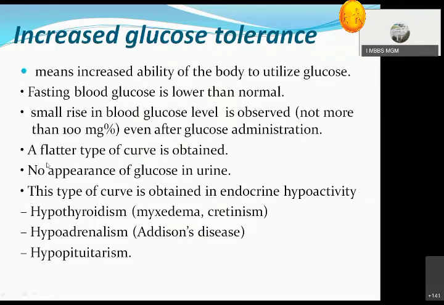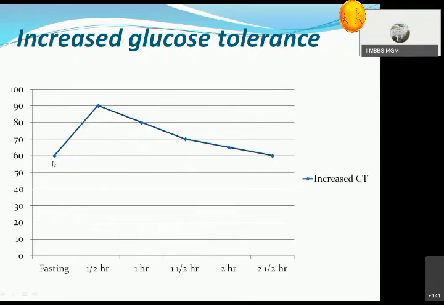You have to differentiate increased glucose tolerance from the normal glucose tolerance curve, because in normal also the fasting glucose is lower. In normal it is within 70 to 100. In increased glucose tolerance it is below 70.